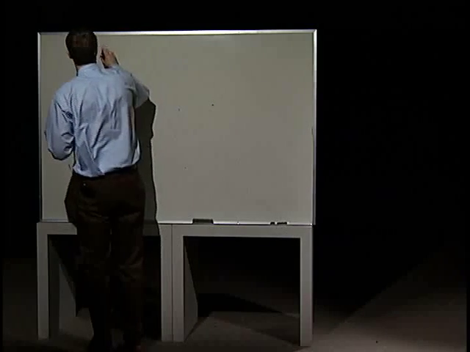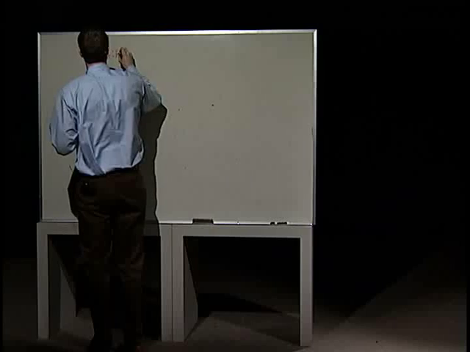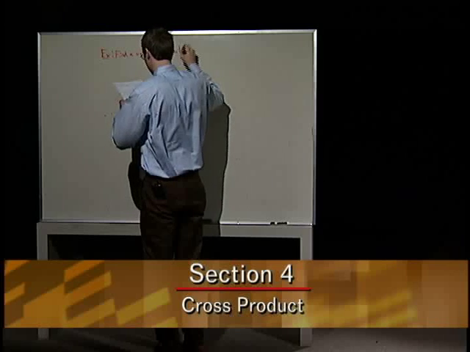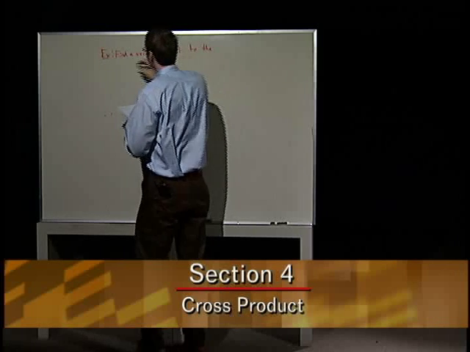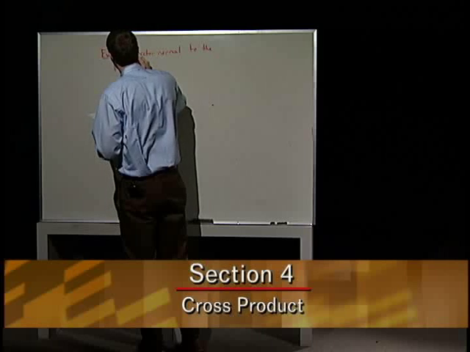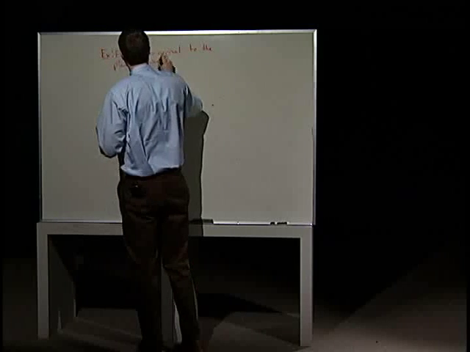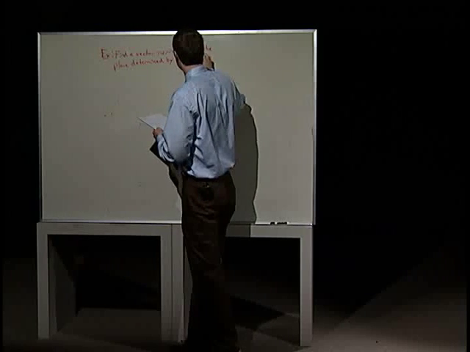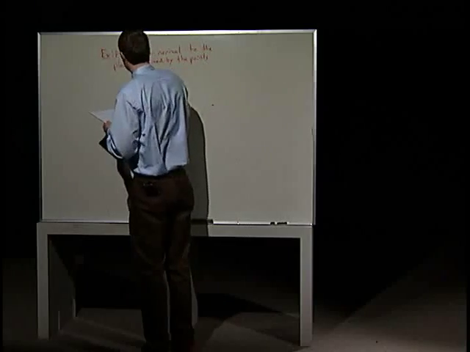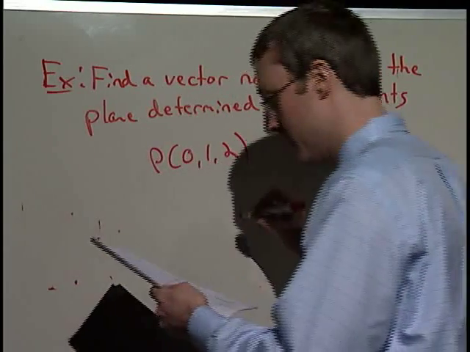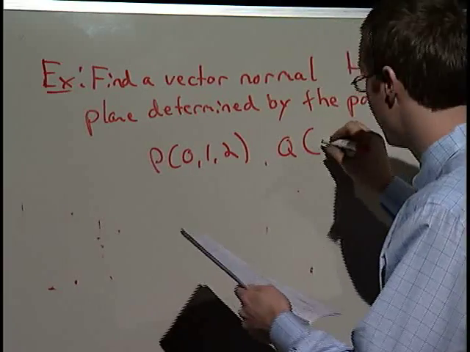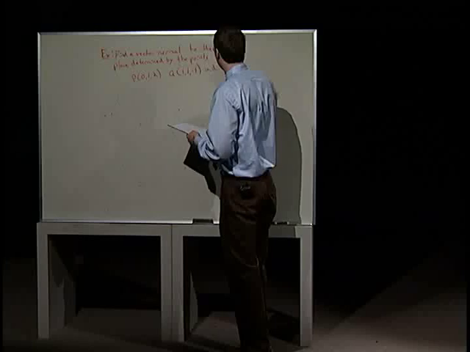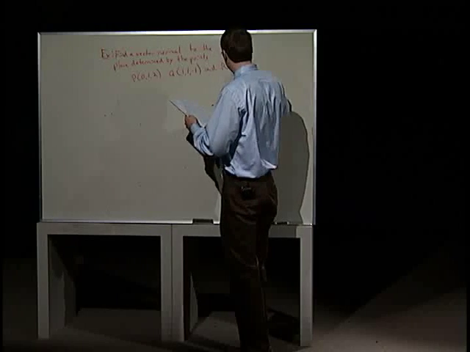Okay, so find a vector normal to the plane determined by the following points: P is 0, 1, 2, Q gives you 1, 1, -1, and R will be 1, 0, -2.